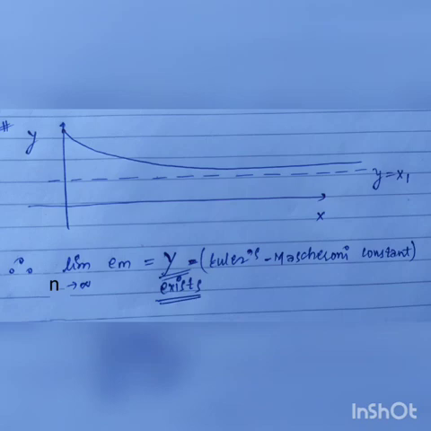Then ultimately the function will stay above the line y equals y1. Hence we can say that the function is going to converge to a particular y value or output for our limit.